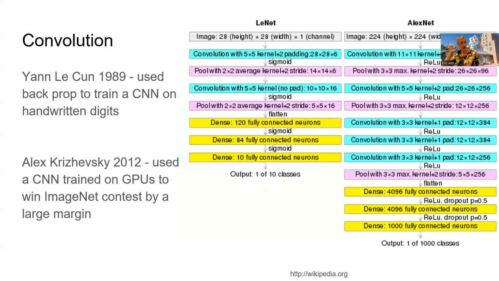So convolution has become fairly important in the field of machine learning. And it really took off in 1989 when Yann LeCun developed a convolutional neural net to recognize those handwritten digits. One of the big advances there was that it was one of the first times, especially for a CNN, where backpropagation was used to figure out what those parameters should be.